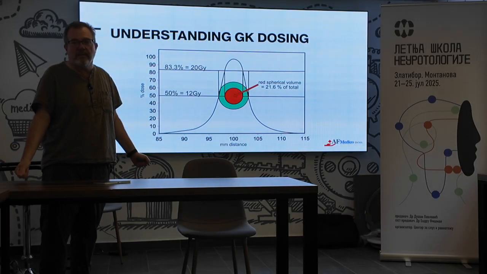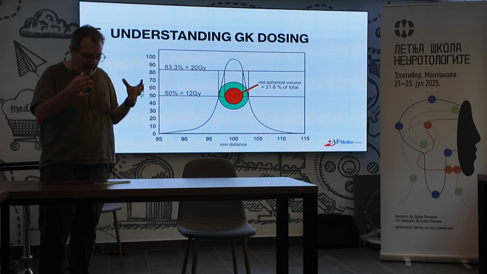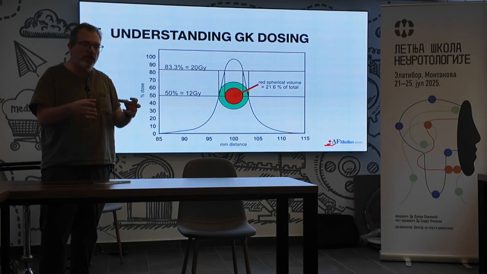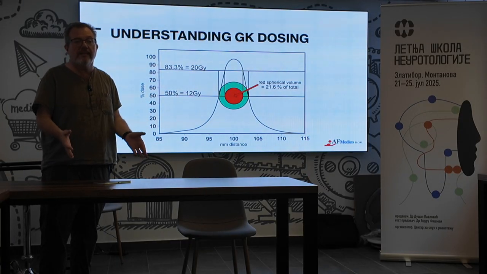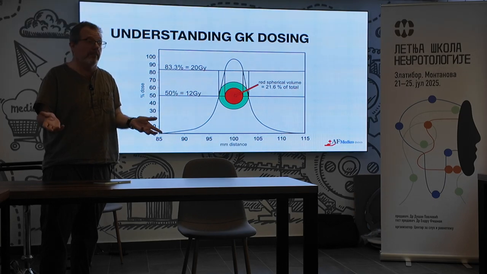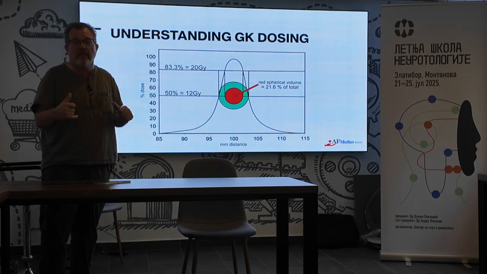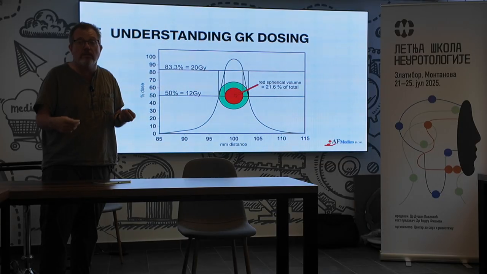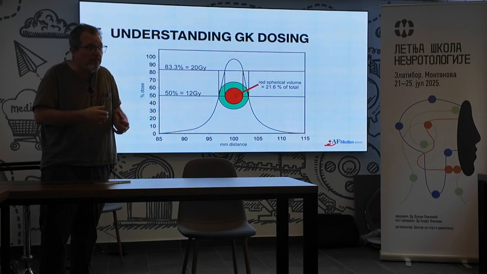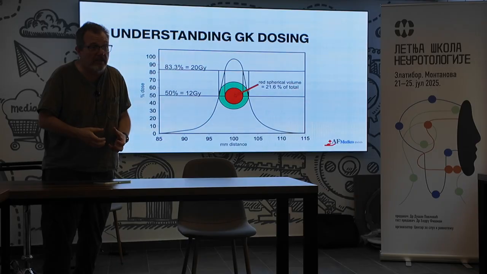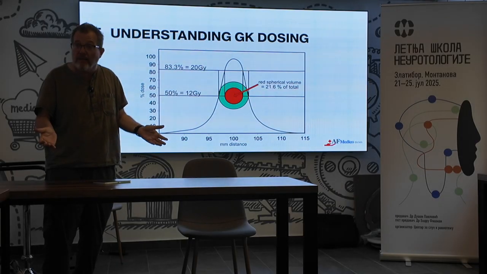Why is 20 gray significant? Because in a laboratory environment on human schwannoma cells, it takes 20 gray to kill them. So anything less than 20 gray is a non-lethal dose. It's inducing some kind of fibrous reaction, but the cells are still alive.